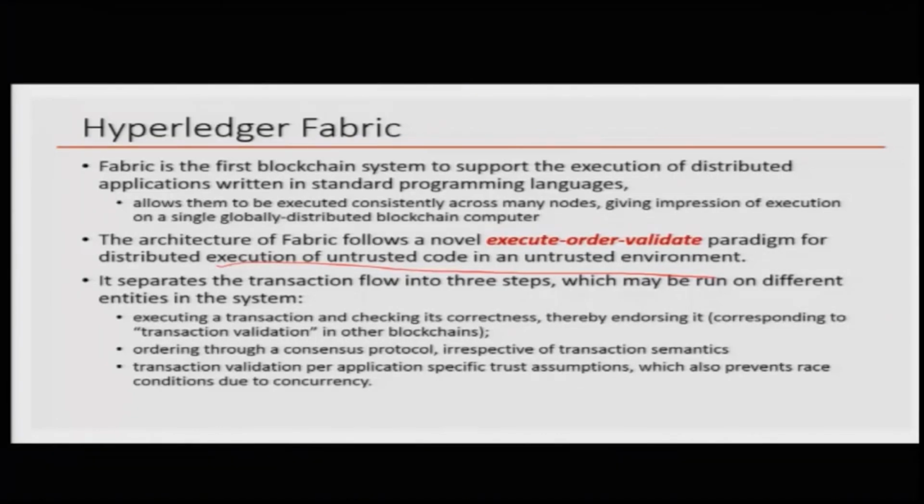When the client or the user of the application proposes a transaction, for example, give this much money from my account to somebody else's account, or give this much price for the entity I am purchasing from another entity, then the endorsers are certain nodes which will simulate the execution of that transaction and say that if the transaction happens, this will be the final situation.